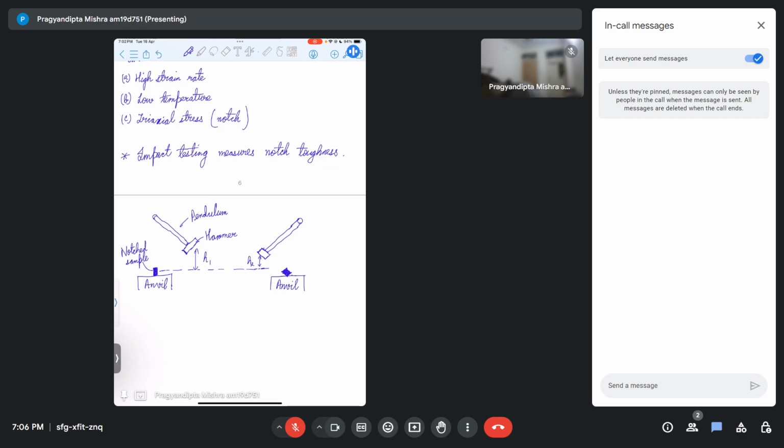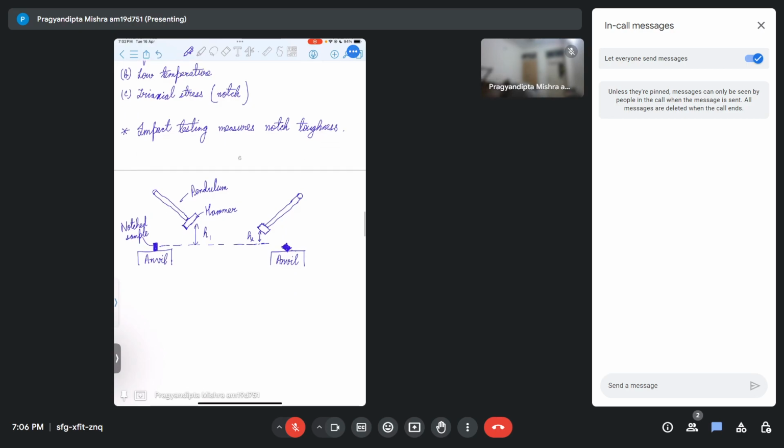So the hammer would come and hit on the side of the notch. Essentially you have kept it vertically like this. The notch is here, and the hammer comes and hits like this for Izod. While for Charpy it is kept horizontally. You have the notch on the opposite side of the hammer, and the hammer comes and hits from the back. So these are two ways impact testing is measured.